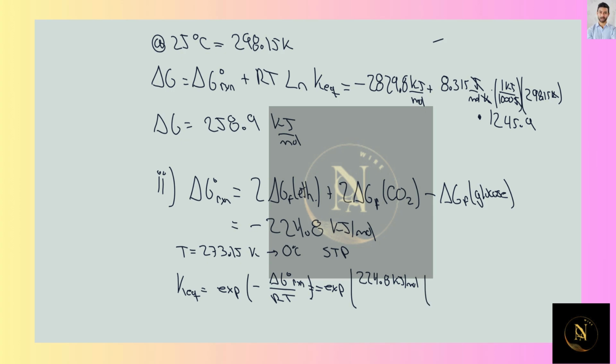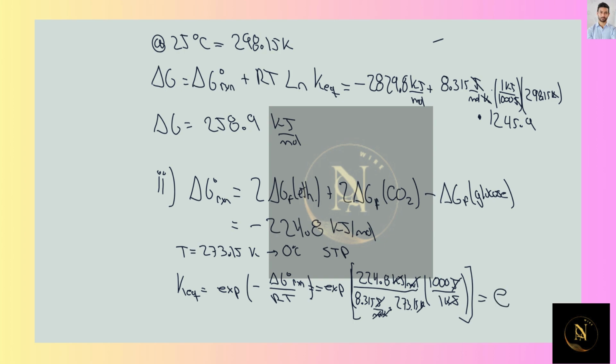We introduce a conversion factor directly because we know that 1000 joules are present in 1 kilojoule, so that kilojoules cancel out and we end up with joules, and we divide by 8.315 joule per mole Kelvin times my temperature, that is 273.15 Kelvin. Kelvin cancel out, joule and joule cancel out, mole to the minus 1 with mole to the minus 1 cancel out.